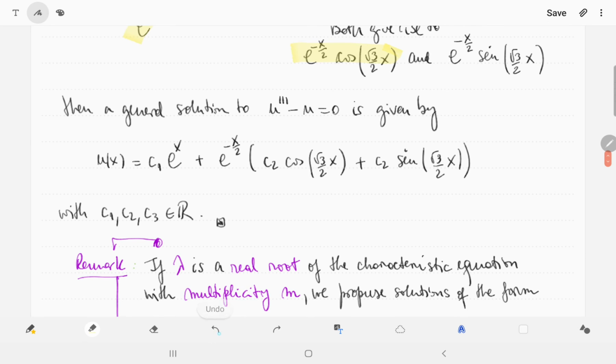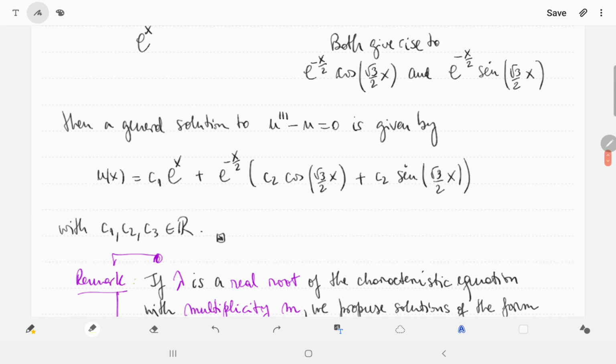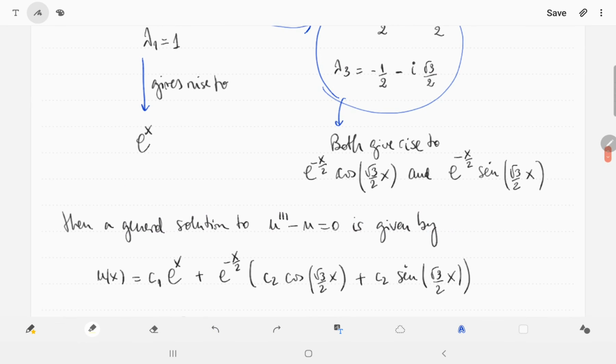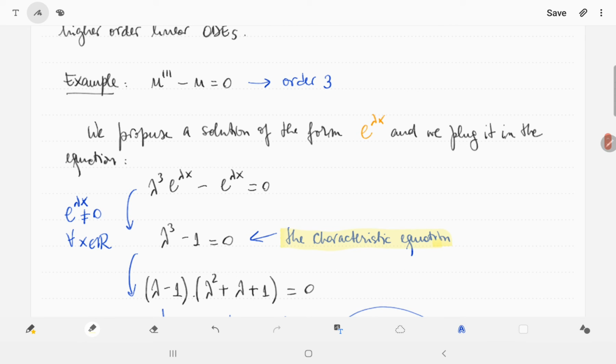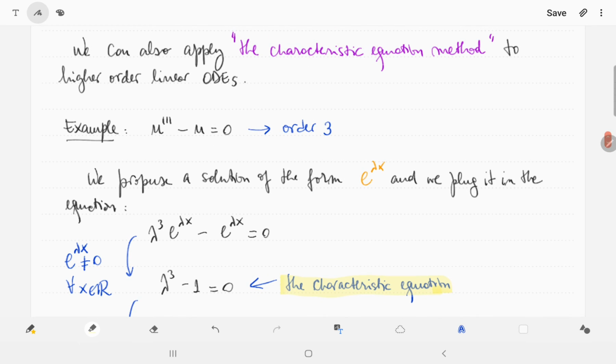But anyway, we can conclude that the general solution of our example is any linear combination of these 3 functions.